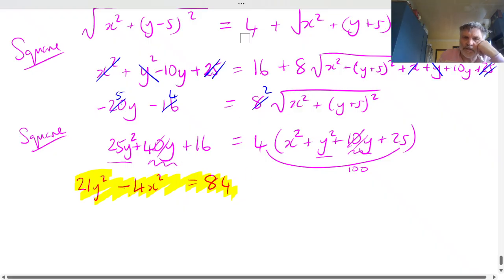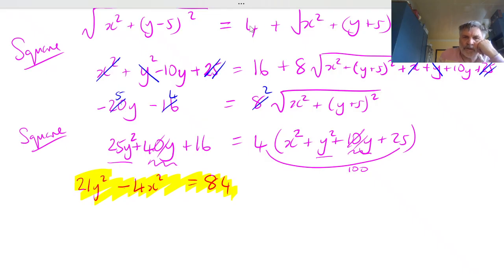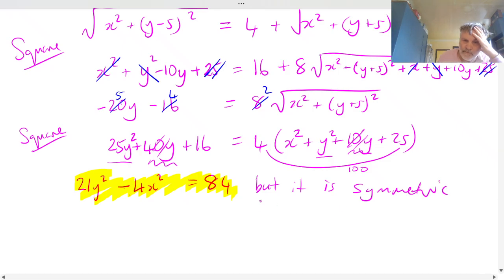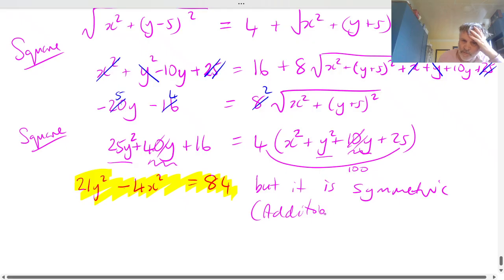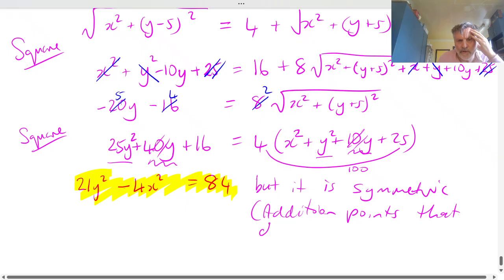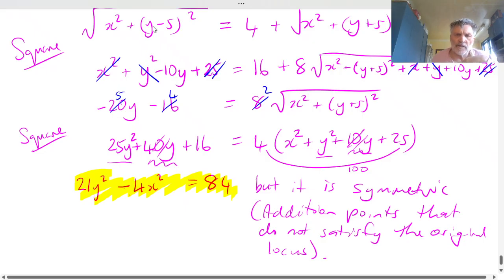but this equation, as we saw, is symmetric. What that means really is it's got additional points that do not satisfy the original locus, and that's a problem.